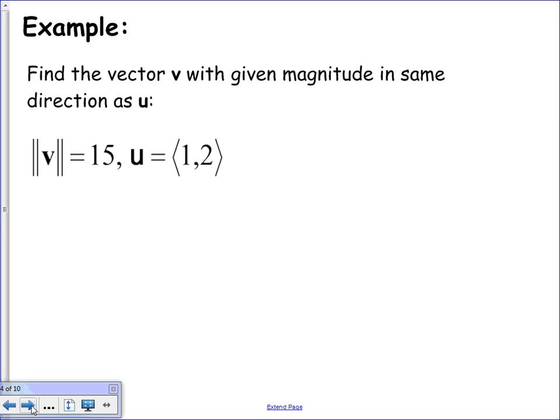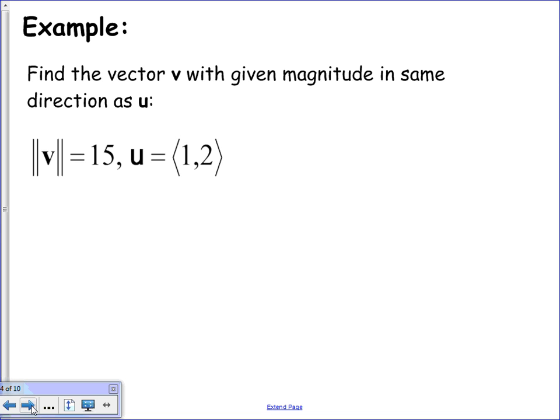It says, find the vector v that has the given magnitude. Notice I'm saying the magnitude for v should be 15, so I'm going to have a length of 15, and the same direction as u, where u goes in the direction 1, 2.